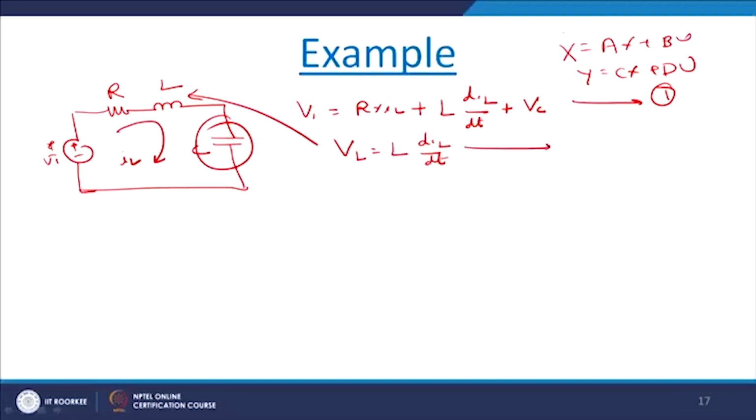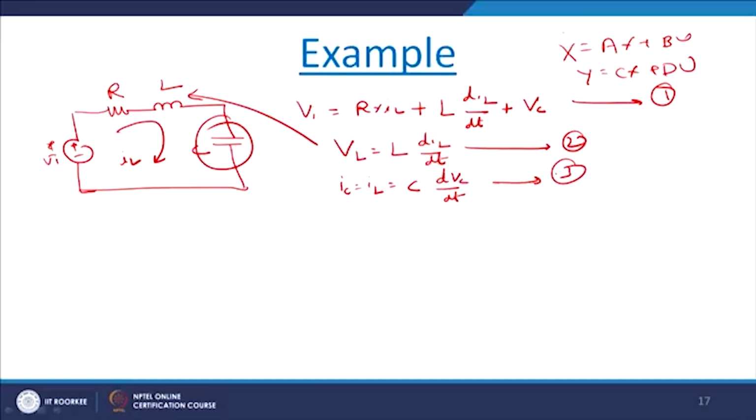This is equation number 2. So L dIL by dt shows the energy storage, IL. So now we have the first state variable IL. The second is the current flowing through this capacitor, IC, which is the same as IL, and we can take it as C dVc by dt. This is equation number 3.